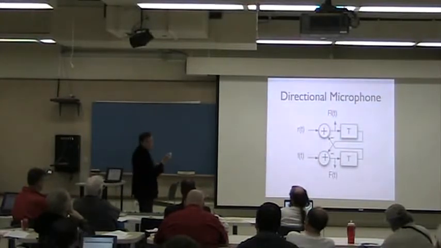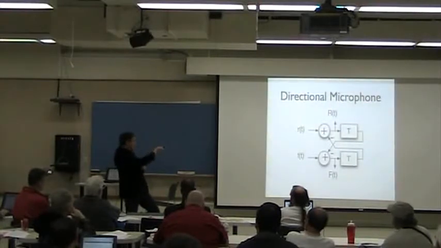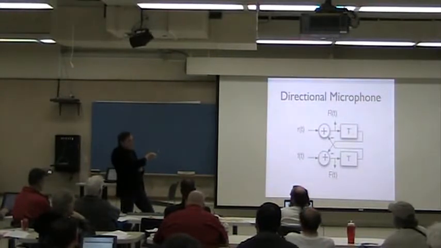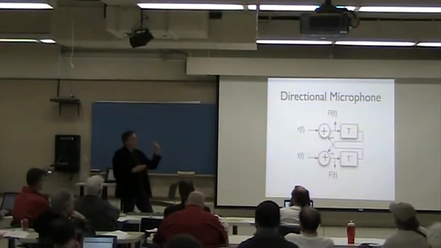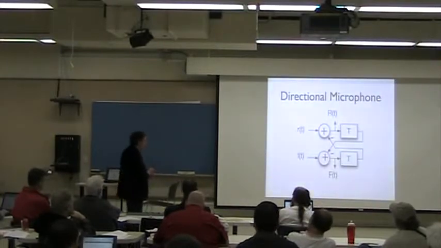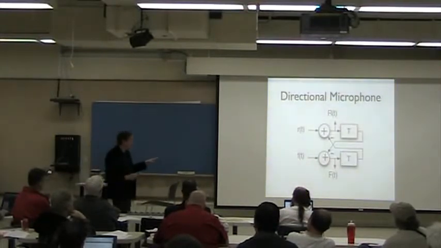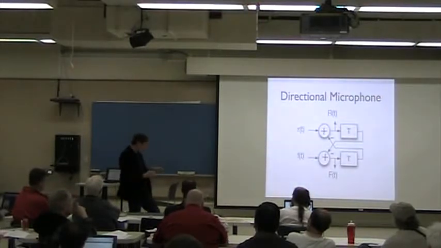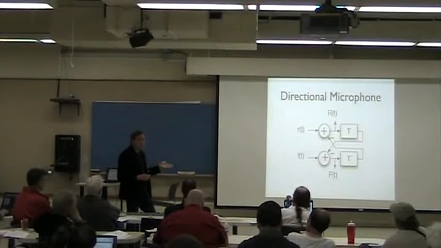But if your signal is coming from the rear, then your delay compensates the actual delay of how the signal arrives at the microphone. So you subtract one signal from the other with the same phase, and you get zero. So you get a kind of cardioid directional pattern. This is a very simplistic explanation, but this is how we do it. And this is nothing special or new. People have used these sub-sample delays to build directional microphones for a long time.